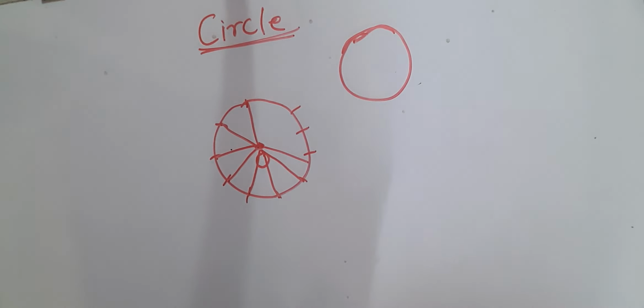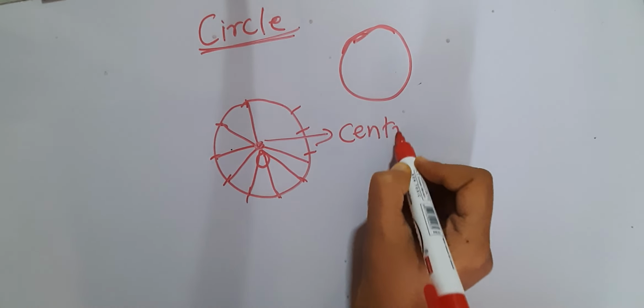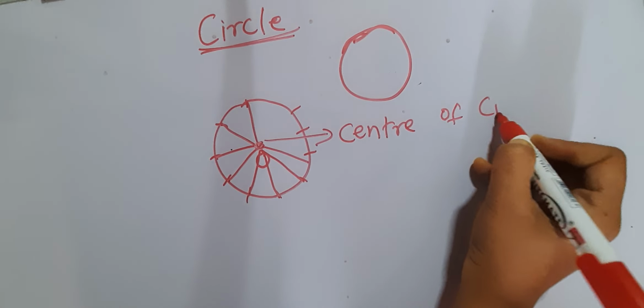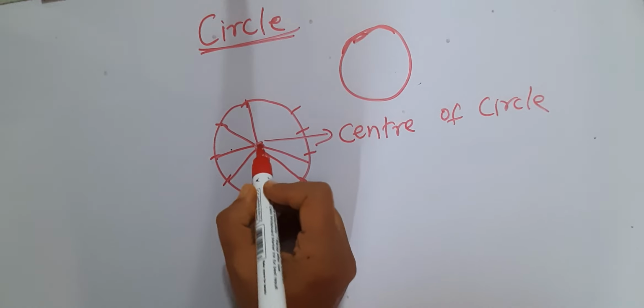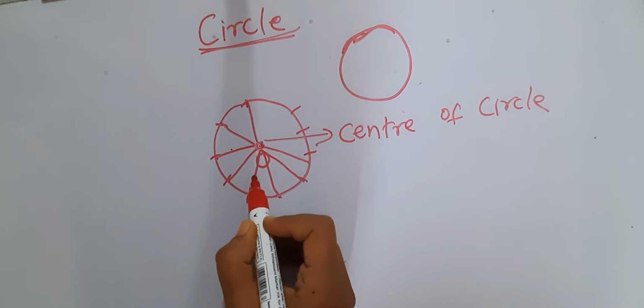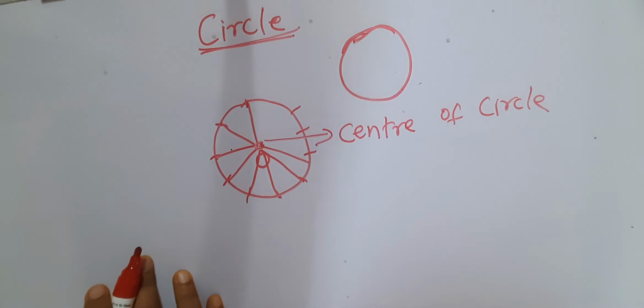Now, what is this fixed point called? This is the center of circle. The center of circle is a point from which all the points on the surface of circle are equidistant.